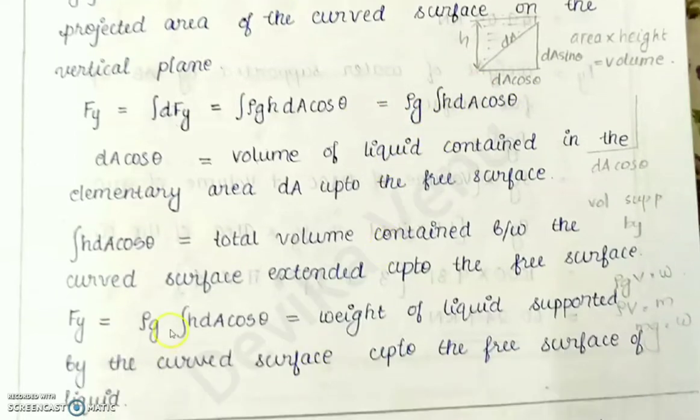So rho g integral h dA cos theta is the weight of the liquid supported by the curved surface up to the free surface of the liquid. So you have found Fx and Fy. Finally, to find F, take the root of Fx square plus Fy square. I hope this is clear.